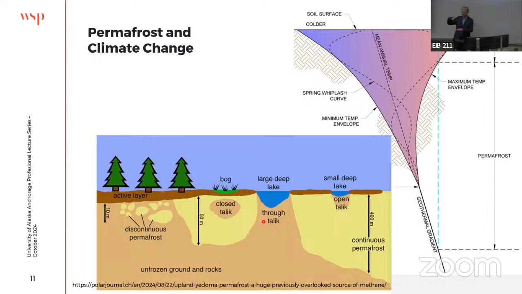So you now have this zone where your seasonally frozen ground never freezes back to the top of permafrost. So you'll have this zone of thawed soil. And that's the problem that we're going to talk about, because as we see permafrost degrading over time, we're going to have more and more of that talik development, and even a thin layer of that talik development will cause us problems on the engineering side from a liquefaction standpoint.